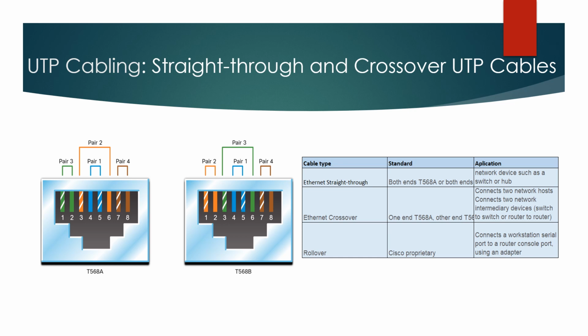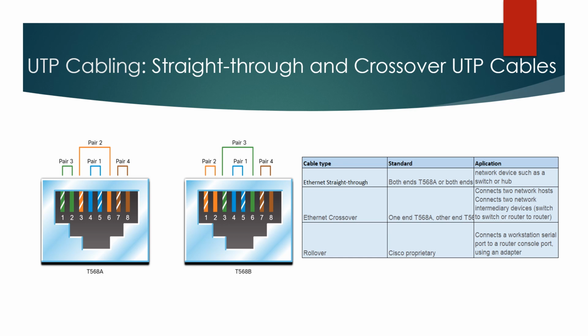Using a crossover or a straight-through cable incorrectly between devices may not damage the device, but the connectivity and the communication between those devices will not take place. This is a common error, and checking that the device connections are correct should be the first troubleshooting action if connectivity is not achieved.